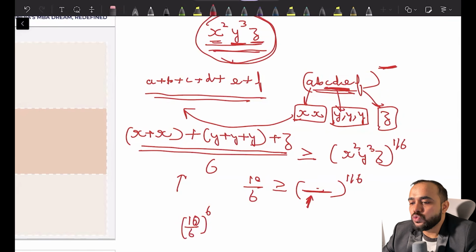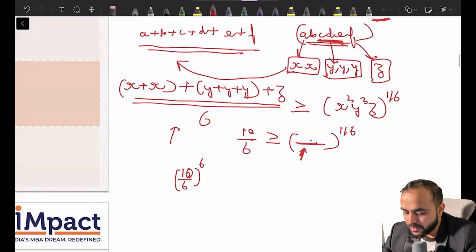If I ask you at what relationship between x, y, and z do you get this result? So, the equality in AMGM happens when each individual term that I take for writing AMGM is equal.